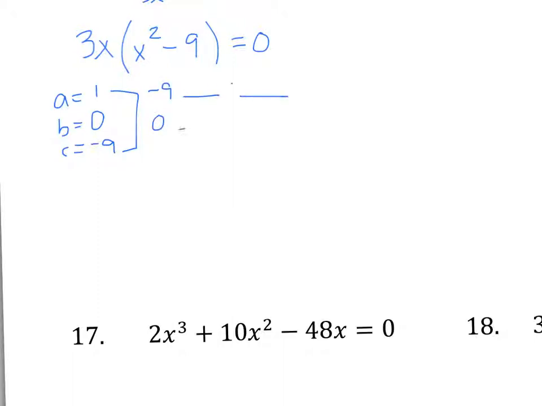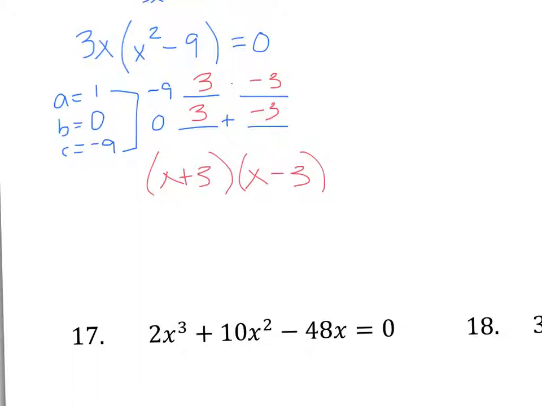So what is going to multiply to be negative 9 but add to be 0? You should have gotten 3 and negative 3, because 3 and negative 3 multiplies to be negative 9, and 3 and negative 3 adds to be 0. We can do a shortcut because A is 1. So I'm going to do the double parentheses and put my factors in there.